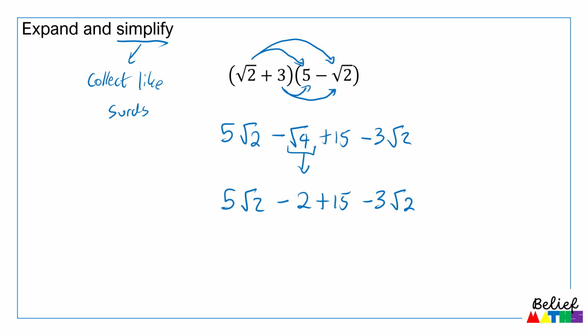So we've got 5 root 2, take away 3 root 2. That gives us 2 root 2. And then we've got minus 2 plus 15, or that's the same as saying 15 take away 2, which is 13. So our answer is 2 root 2 plus 13, or if you wish, 13 plus 2 root 2. Either of those two answers is absolutely acceptable.